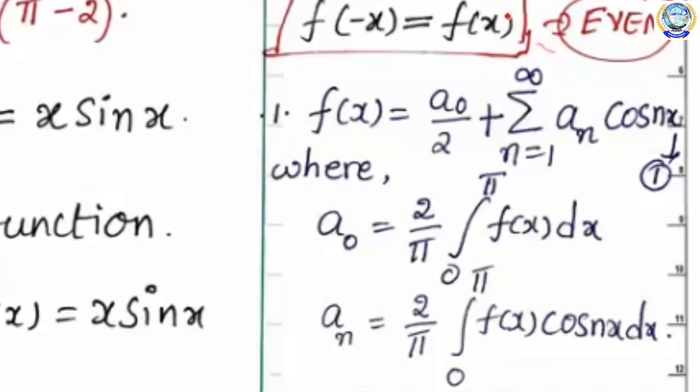If it is an even function, we have to follow the formula: f of x equals a naught by 2 plus sigma n equals 1 to infinity a n cos nx. Here also we have to calculate a naught and a n values by substituting your function f of x here.